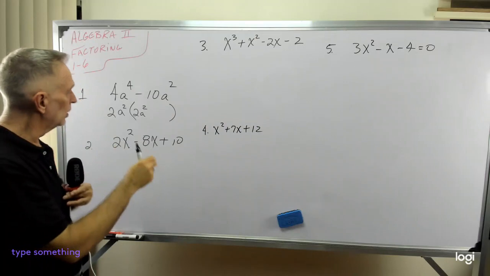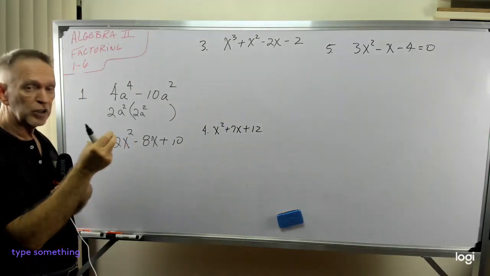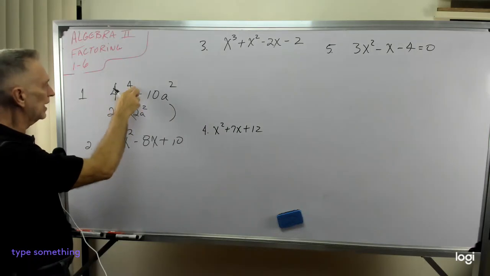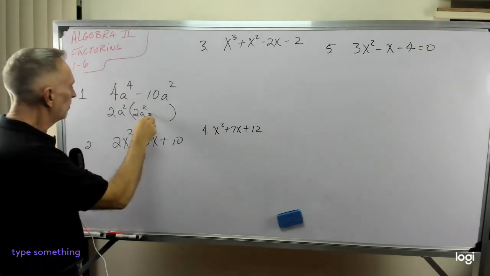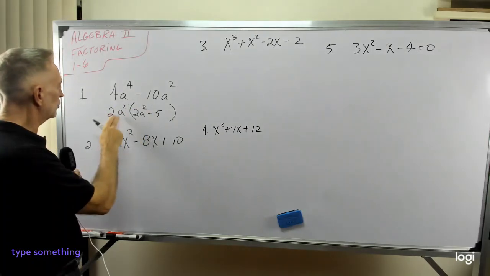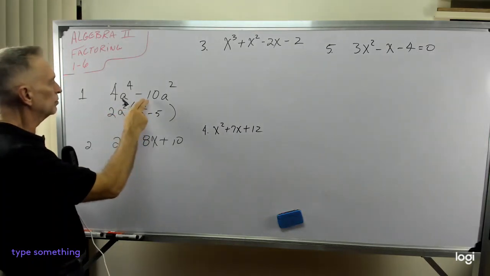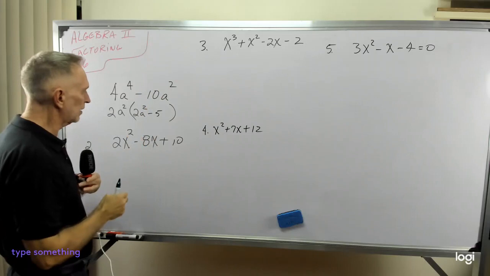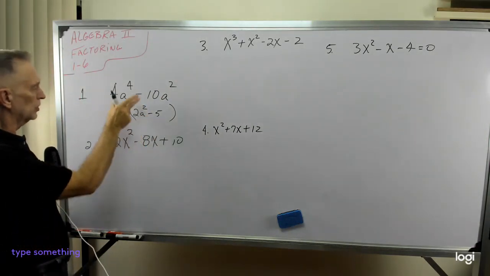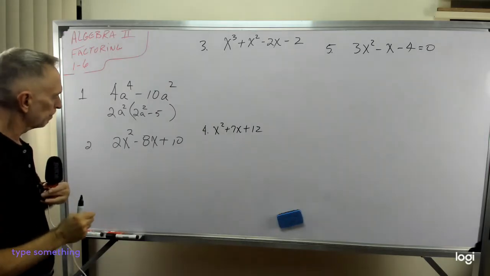Recall the rule, it's a to the m plus n. So it's a to 2 plus 2, a to the 4th. Minus 5, so a negative 5 times 2a to the 2nd power gives me a negative 10a to the 2nd power. So this would be the factor reduction of the original equation.